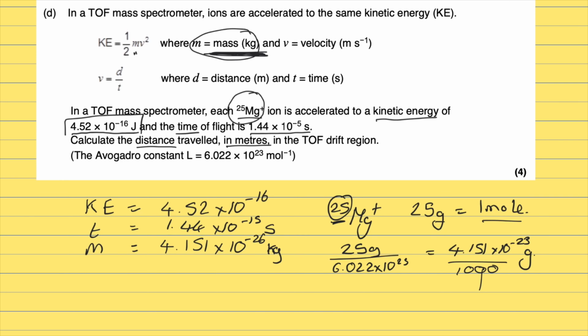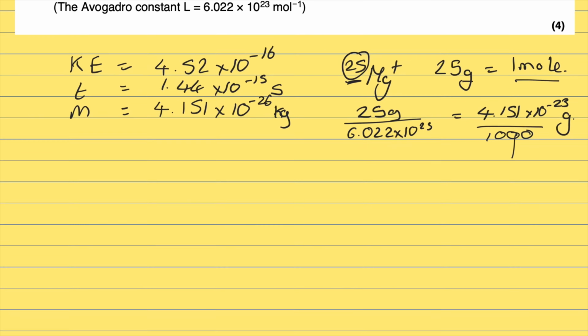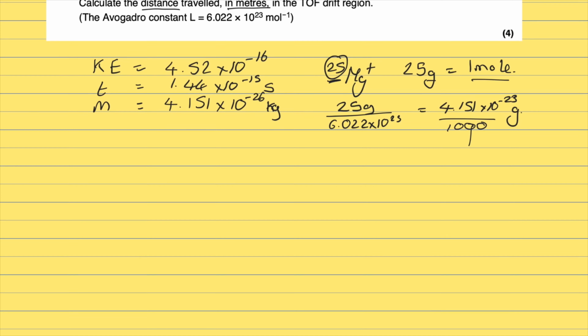Okay, so now we've extracted that information, we can have a look at the two equations. There are several ways you could do this, but the way I'm going to show you involves combining the two equations. So we've got kinetic energy is equal to 1/2 mv squared, and we know that velocity is equal to distance over time. So what I'm going to do is substitute in for the v here d over t.